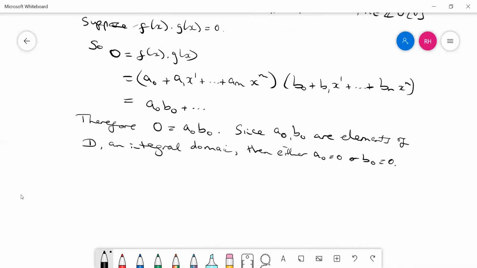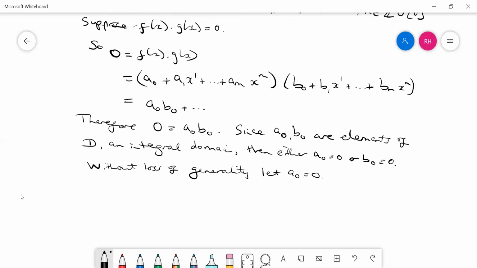So now I've got to pick one of them. It really doesn't matter which one I pick. So we often use this term: without loss of generality, let a0 equal 0.